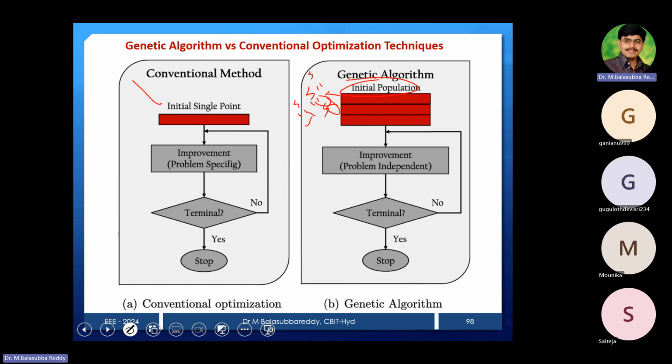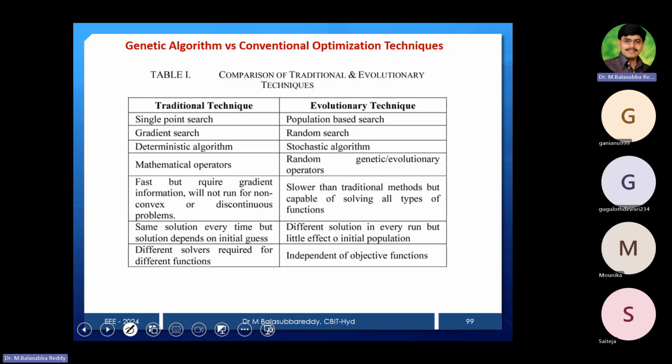Then the improvement is problem specific in the conventional one, whereas here it is problem independent, and it keeps on improving. We have a lot of operations inside, one is the crossover operation, another is the mutation operation, and we do them continuously. Then we go to the termination process, and if it reaches termination we stop; otherwise it keeps on repeating.